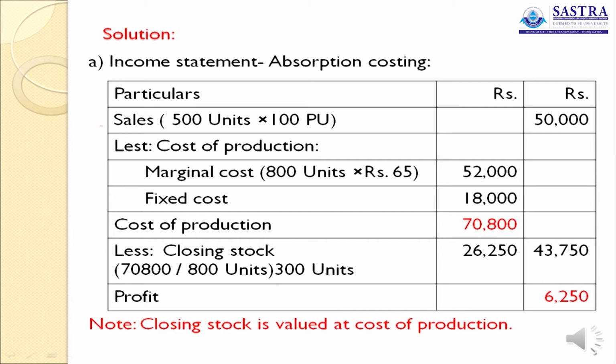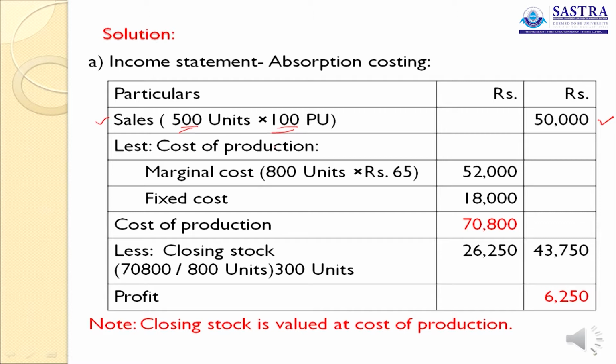So first you take sales. Already you know the format, we already discussed how to calculate the income statement in both methods. So sales: 500 units into 100 per unit, that is 50,000 rupees.